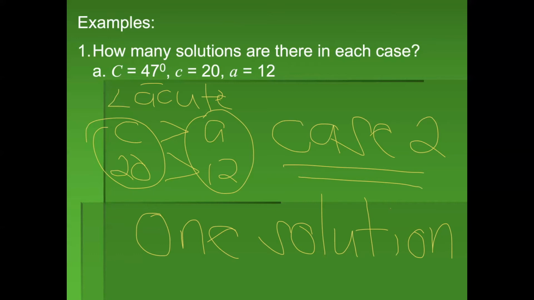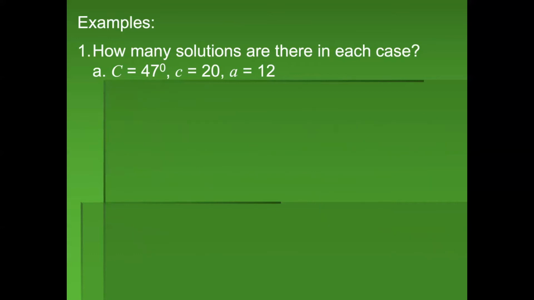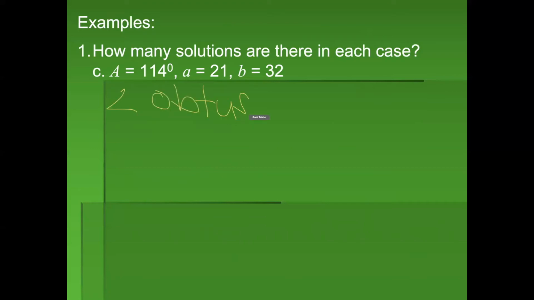Now let's proceed. This time, let us answer number 1, letter C. From the given, we are given angle A, which is 114 degrees. Therefore, the given angle is obtuse. And opposite of angle A, we have side A, which is 21, and side B, which is 32.